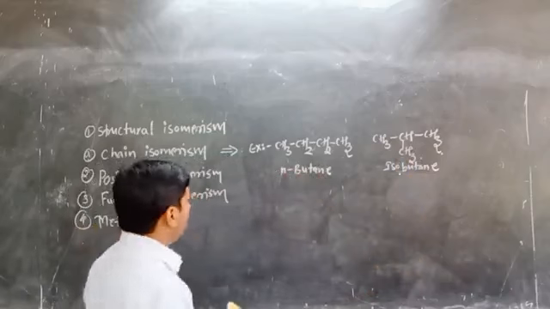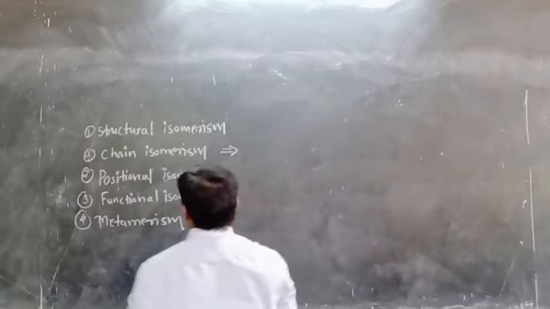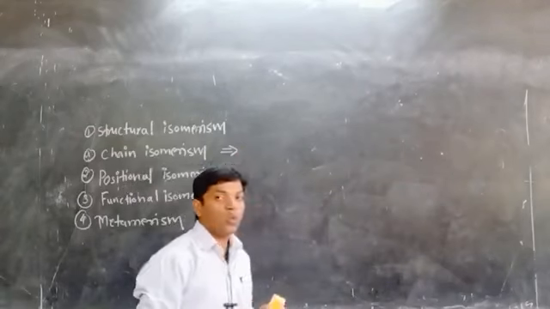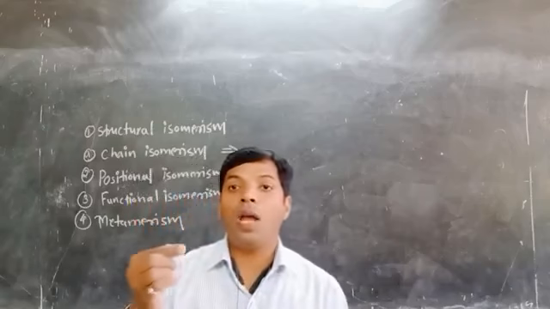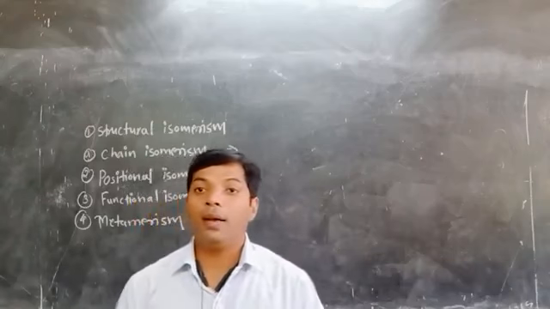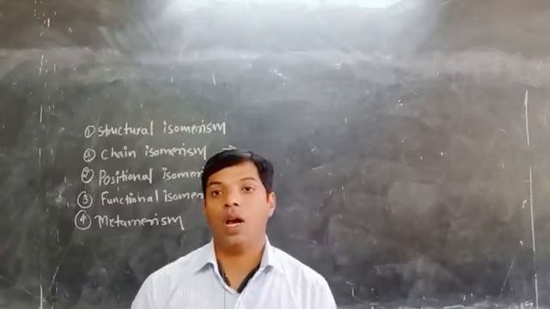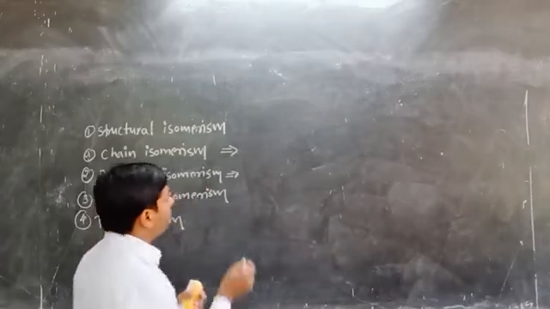Next we will discuss positional isomerism or position isomerism. In positional isomerism, two or more compounds have the same molecular formula but they differ in the position of the functional group. I will write the example.